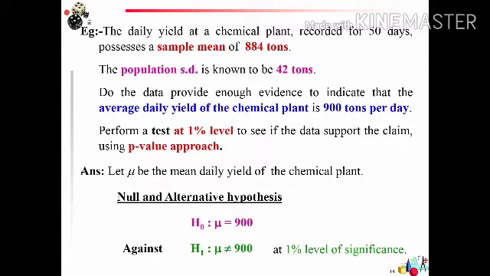Let mu be the mean daily yield of the chemical plant. The null hypothesis is H naught: mu equal to 900, against the alternative hypothesis H1: mu not equal to 900, at 1% level of significance.